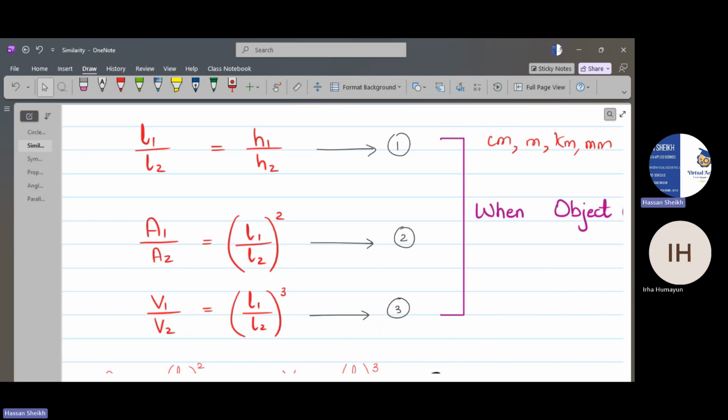Do you agree that a cuboid has multiple surfaces? How many faces or surfaces does a cuboid have? Length, width, and height. Now, surfaces. How many surfaces does a cuboid have?